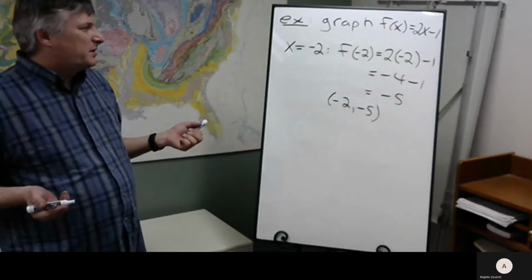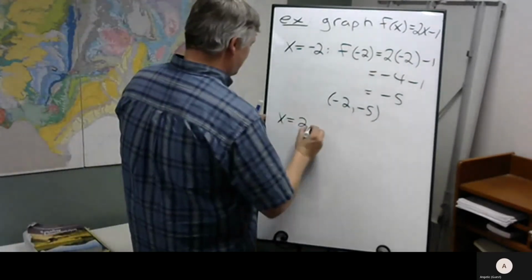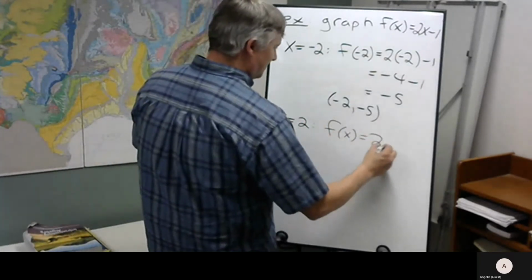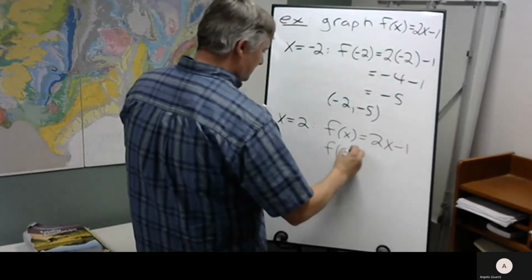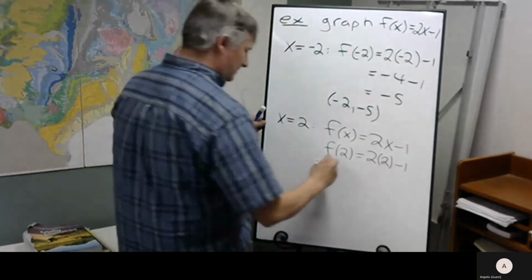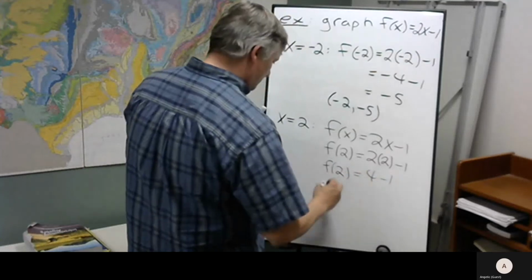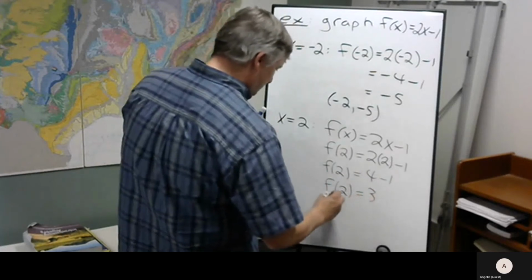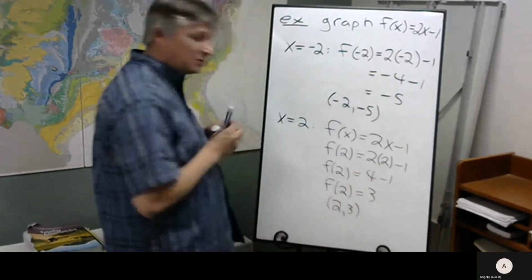And let's say we're going to go with x is 2. And here I'll not skip a step there. So we get 2 and 3.